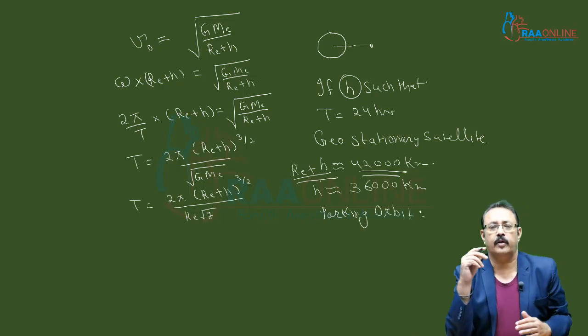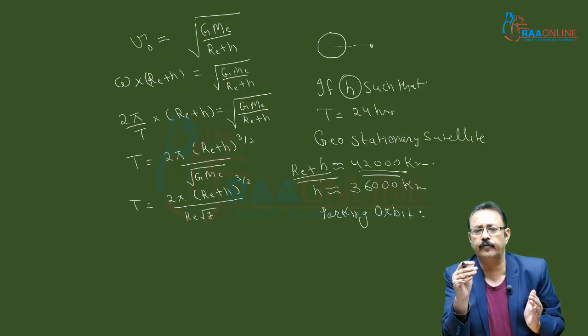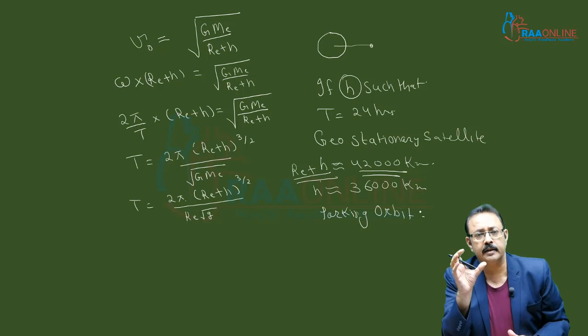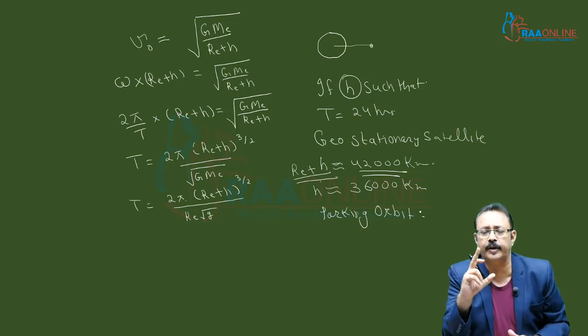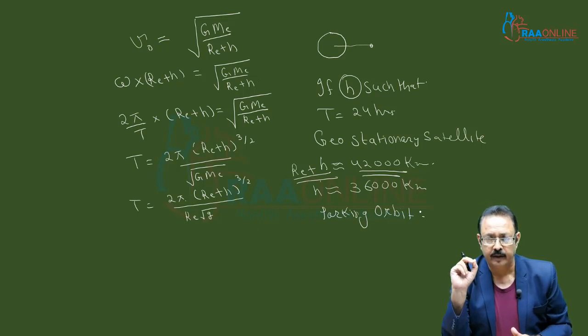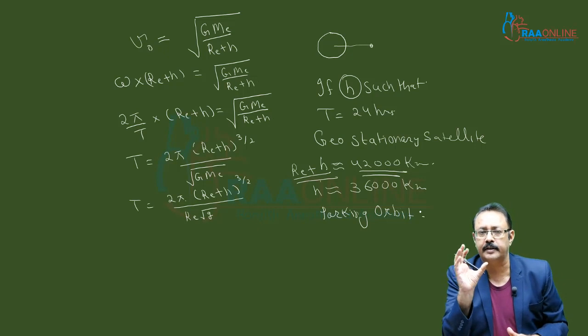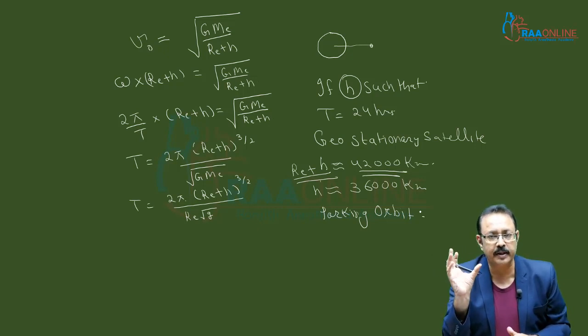So when you are launching a satellite at a height of nearly 36,000 kilometer, means the radius of orbit of the satellite is nearly 42,000 kilometer, then time period will be 24 hours. From Earth's surface, it will look like a stationary object. This orbit is known as parking orbit, and this type of satellites are known as geostationary satellites.